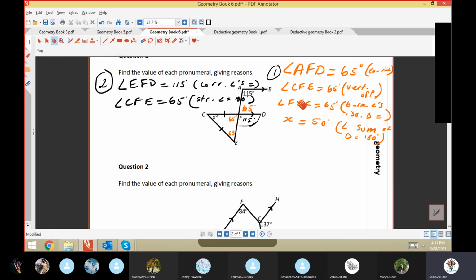The angle CEF would also be 65, and then the reasoning is isosceles triangle. Correct. And then therefore X equals 50 because the angle sum of a triangle is 180. So you guys can see all that would have changed is maybe the first two steps, but the last two steps are exactly the same.